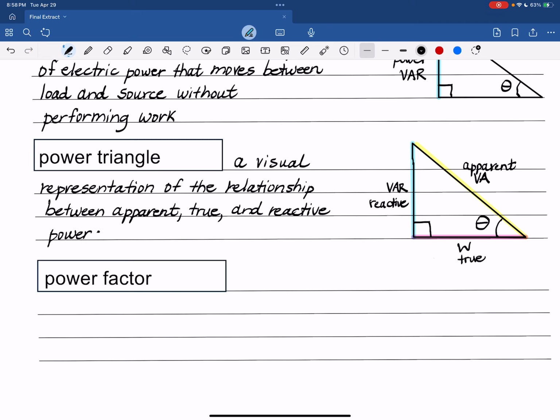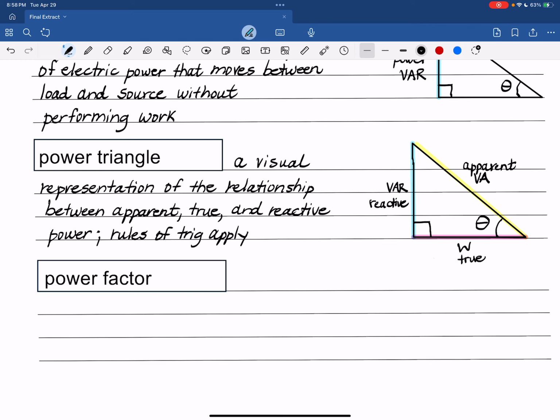And here's the beauty of it. The rules of trigonometry, the rules of trig apply. Pythagorean theorem applies. Opposite, adjacent, hypotenuse, sine, tangent, cosine, they work because it is a right triangle. And it will be a tool that you'll use to solve some pretty tough problems.